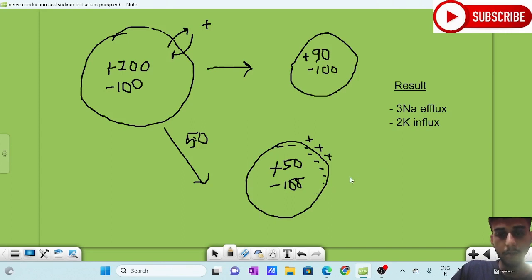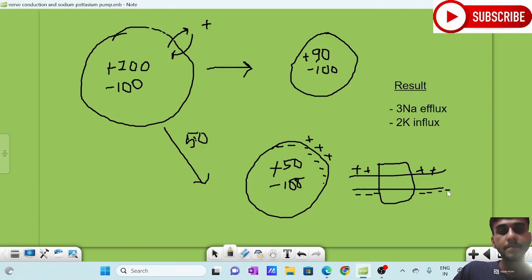I'm talking about the plasma membrane, because in the plasma membrane the pump exists. So here there is a high positive ion concentration and here a high negative ion concentration. This is the reason for the polarity in a cell. This is also a reason for signal conduction, because the signal is electrical, right?